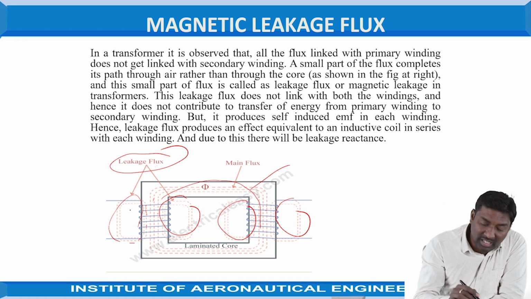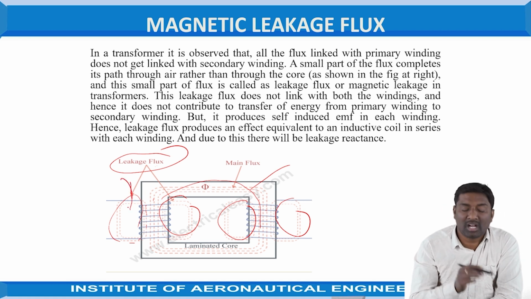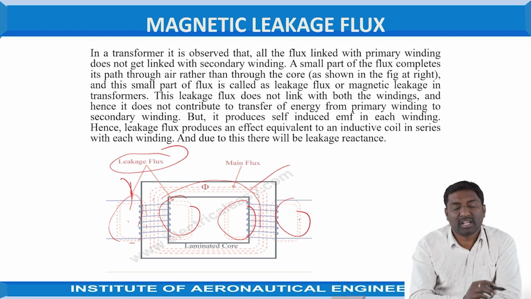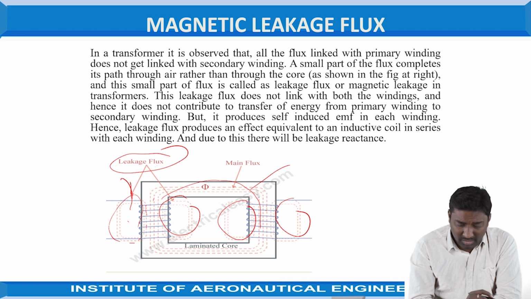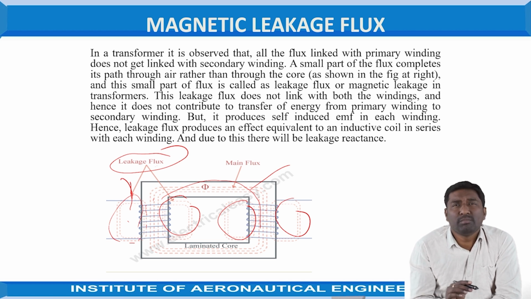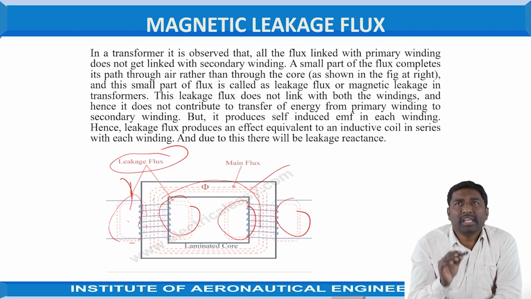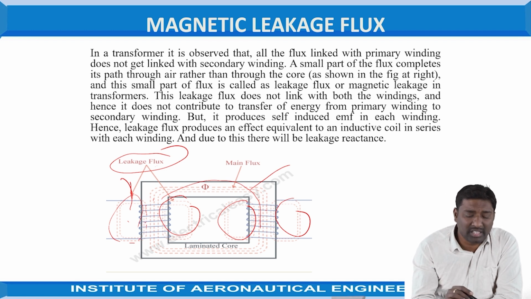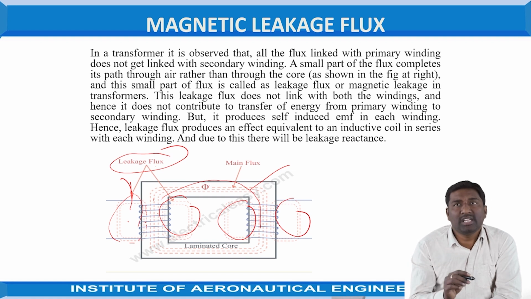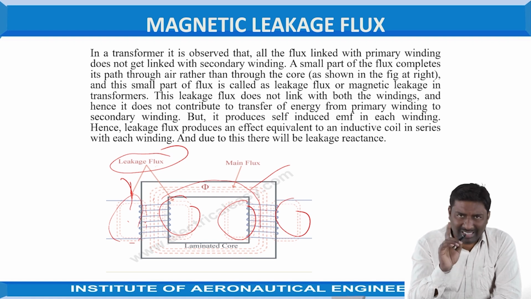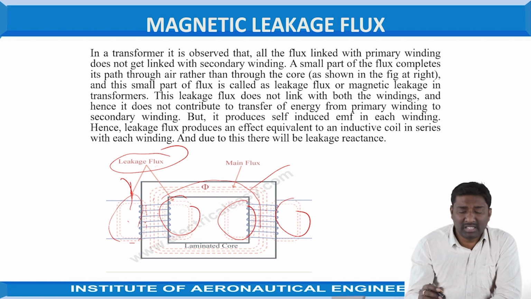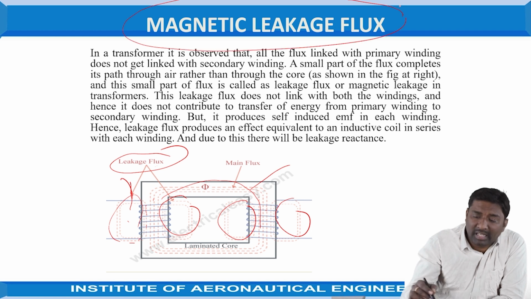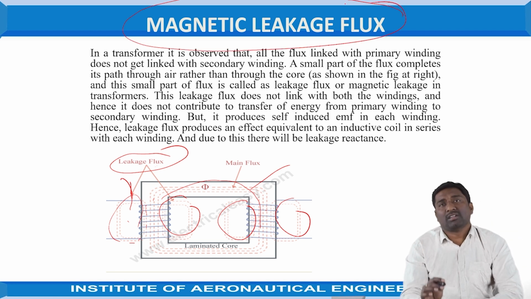So this leakage flux produces a self-induced EMF in the primary winding as well as the secondary winding. This leakage flux produces an effect equivalent to an inductive coil in series with each winding, and due to this there will be a leakage reactance. So according to the principle, we get the magnetic leakage flux in the transformer.